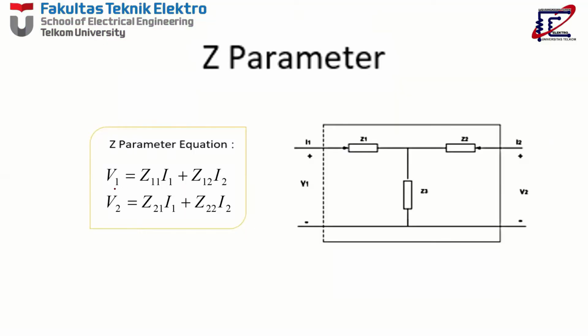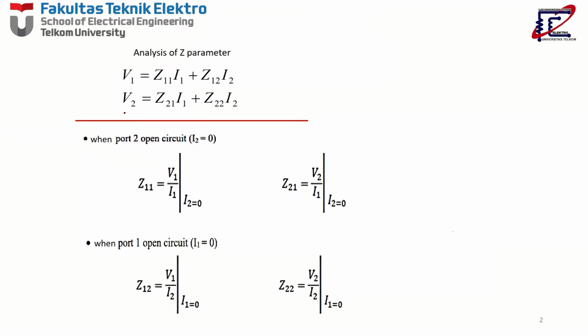This is the Z parameter equation: V1 equals Z11 multiplied by I1 plus Z12 multiplied by I2, and then V2 equals Z21 multiplied by I1 plus Z22 multiplied by I2. From these equations we can analyze the Z parameter.